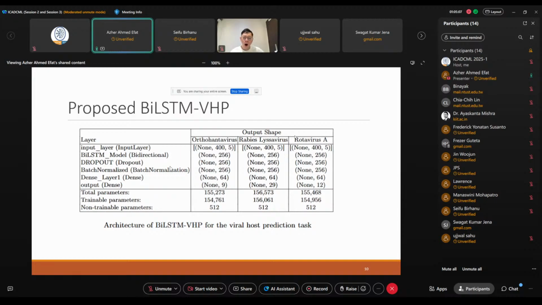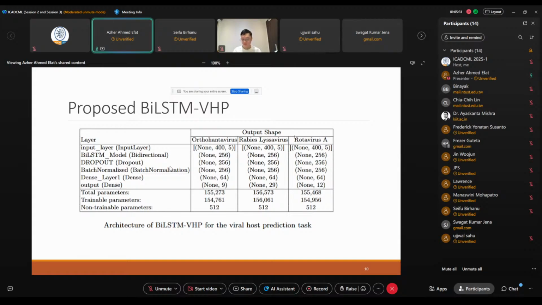We have used 0.2 as the dropout rate, and it is followed by a batch normalization layer, and finally we have two fully connected layers. The first fully connected dense layer has 64 units, and the final classification layer has a variable number of units based on the class size for each dataset.